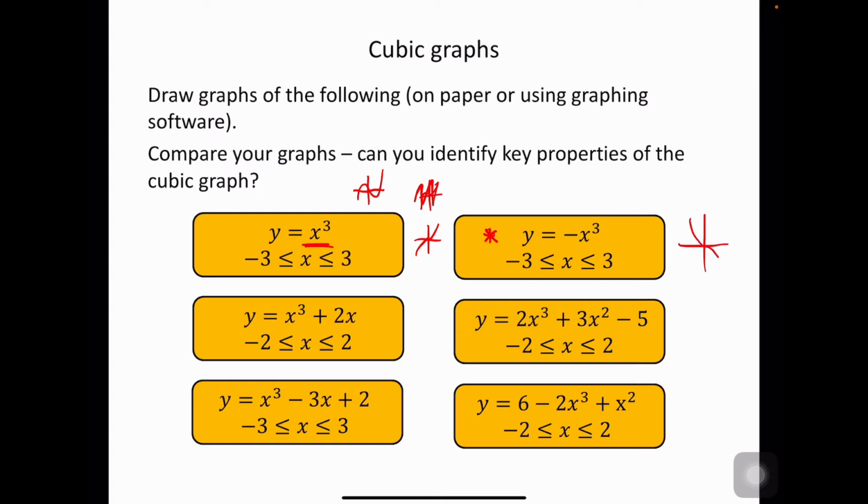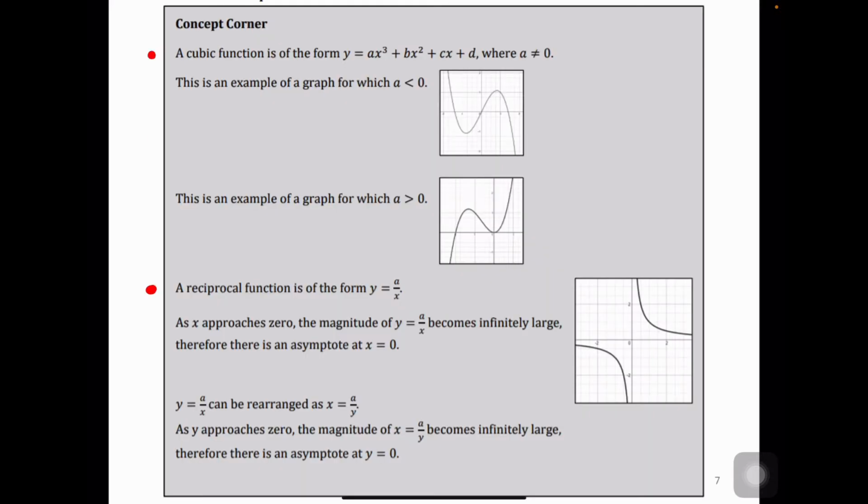So it will be a reflection in the y-axis, and you can see on the previous slide as well, when a is positive, you will see an n shape, and when a is negative, so the coefficient of x cubed is negative, you will see what looks like a backwards n.